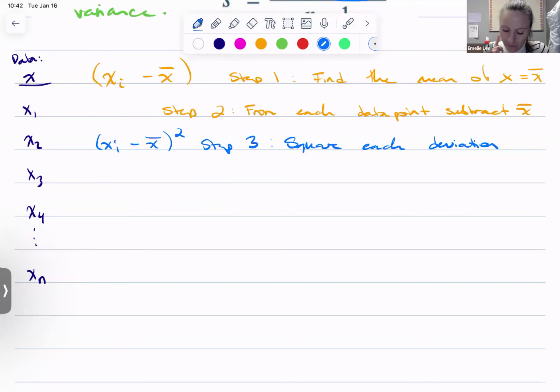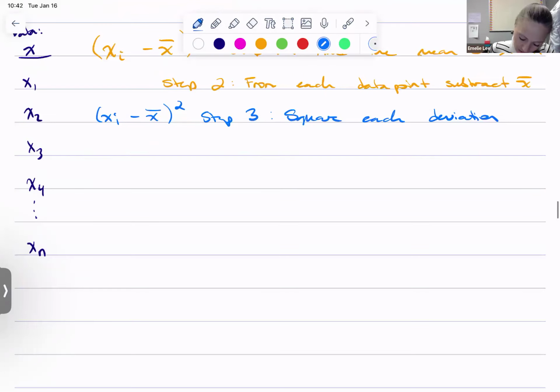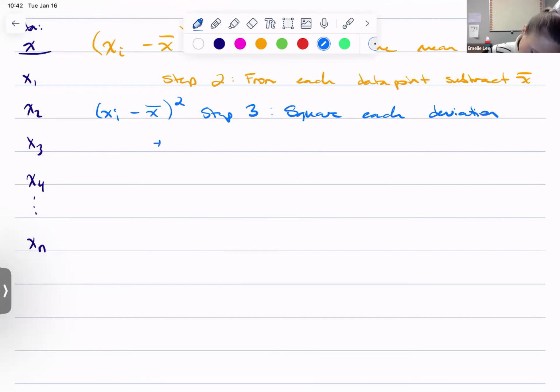Now, when I square something, it makes it positive. So now we're taking negative deviations, where the deviation is the distance from xi to x bar, and we square each deviation, which makes negative values positive.